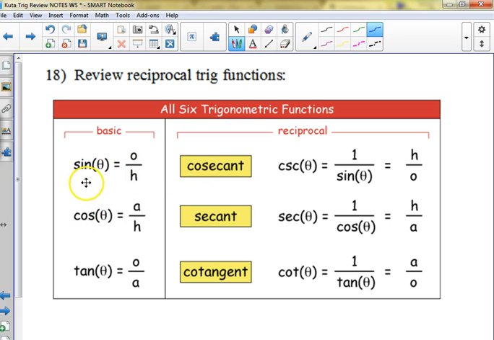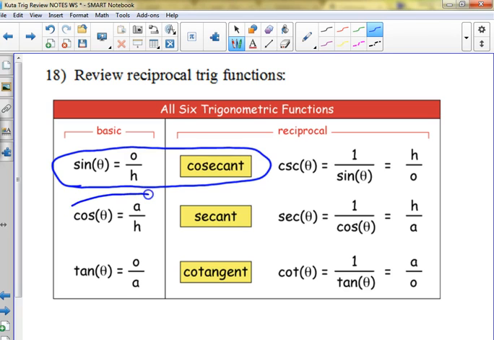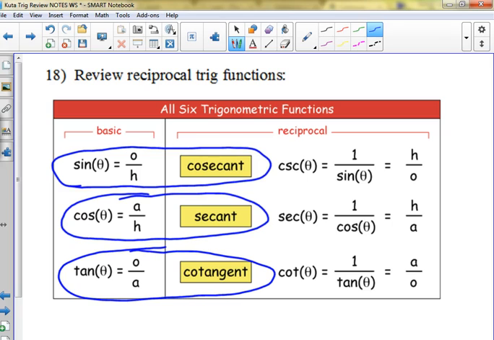But the reciprocal, sine goes with cosecant, cosine goes with secant, tangent goes with cotangent. Remember this? Means you flip them over. I just remember that C goes with S and S goes with C, right? Cosecant, secant, sine, cosine. We good?